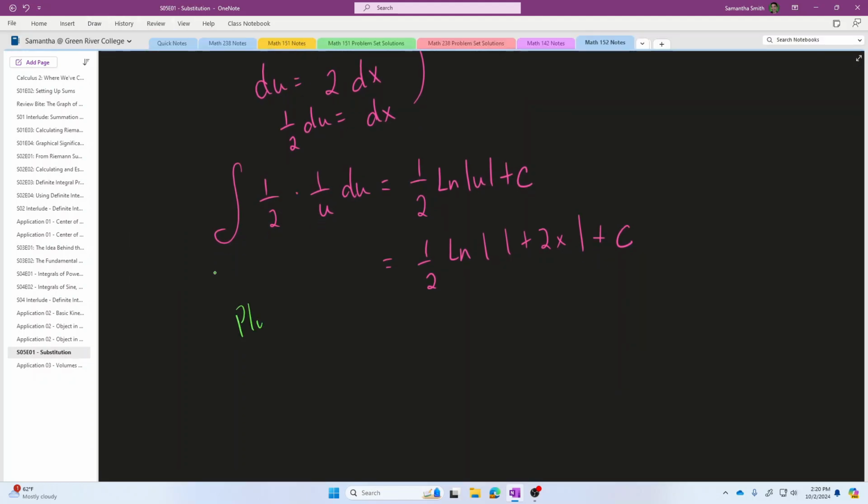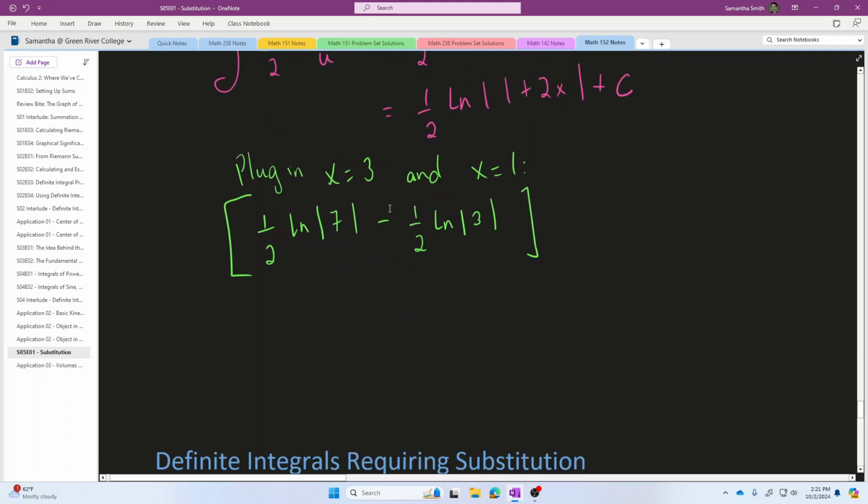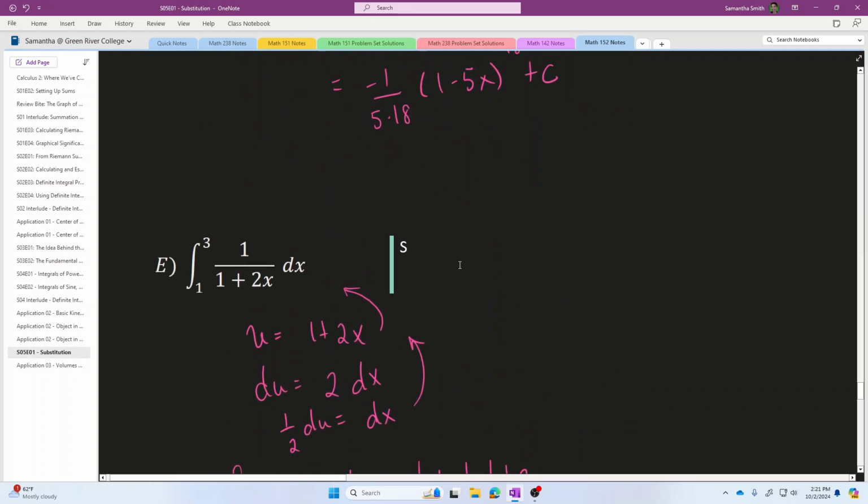So plugging in x equals 3 and x equals 1, I get 1/2 natural log of 7 minus 1/2 natural log of 3. And this value, 1/2 natural log of 7 minus 1/2 natural log of 3, would be the exact value of this definite integral.